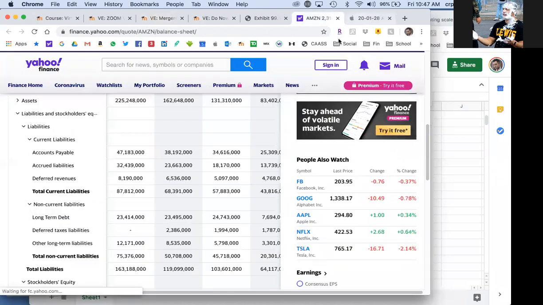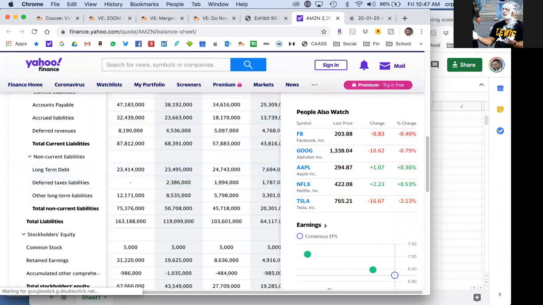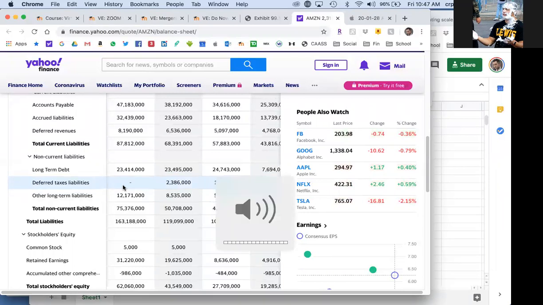So we looked at the Amazon balance sheet, and under deferred tax liabilities, what do we have there? What does a dash mean? What do you think a dash means? I'd rather you just unmute because I'm tired of reading. I'd rather hear some new voices. I think I allowed you to unmute yourselves. What does this dash mean on a balance sheet? Anyone?